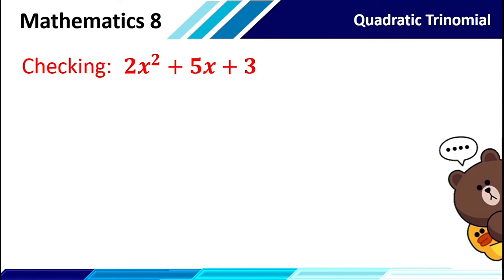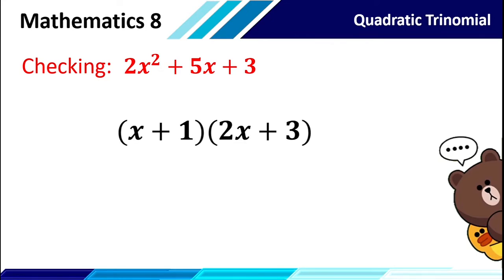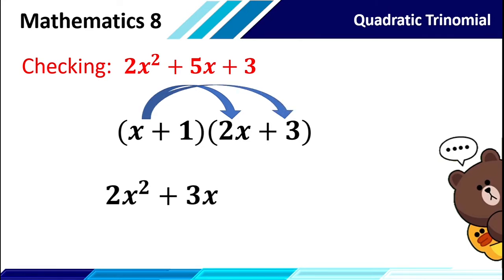To verify whether our answer is correct, let's have our checking. In the previous example, we have the answer of x plus 1 times the quantity of 2x plus 3. To check whether our answer is correct, let's use the FOIL method. X times 2x is 2x squared. X times 3 is 3x. 1 times 2x is 2x.